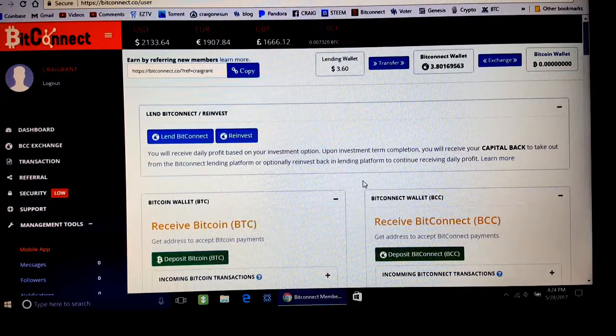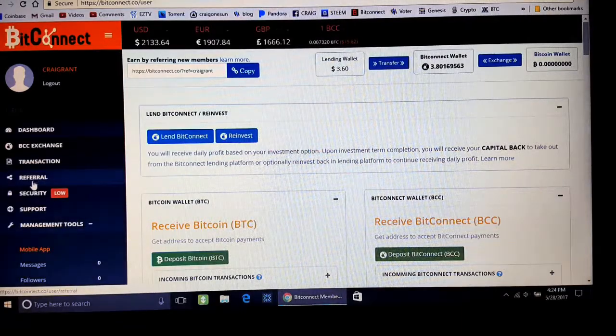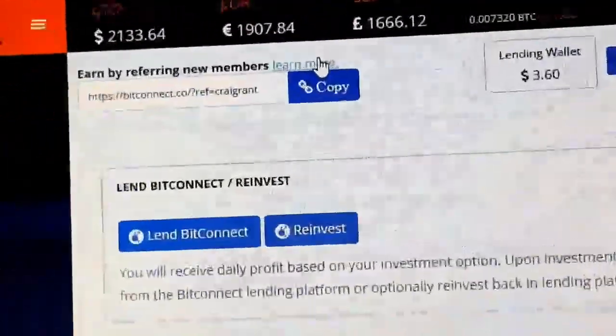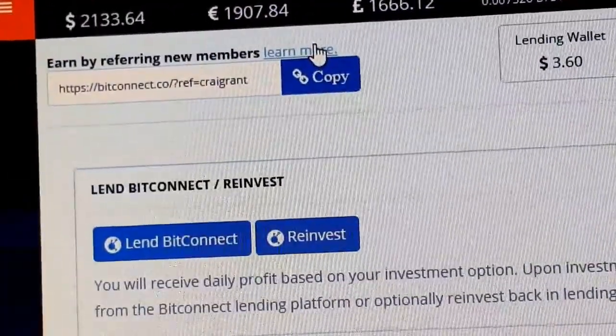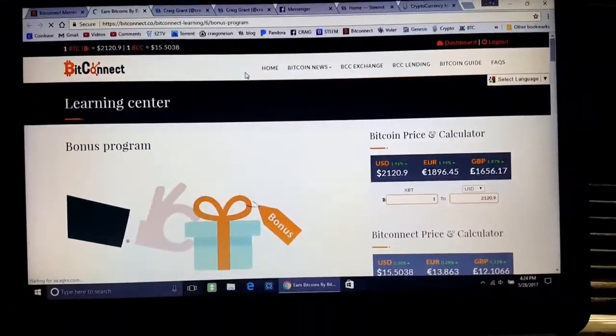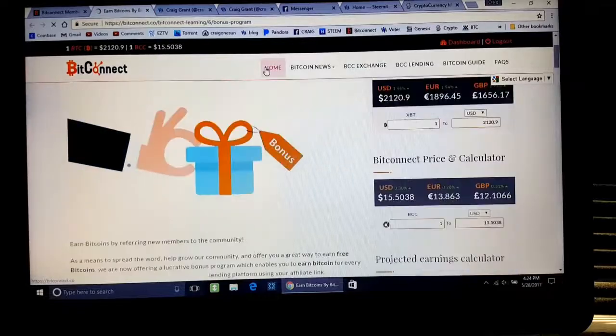Now, I've just gone over everything, and let's just go over the referral program. So the referral program is here. It says earn by referring new members. If you click on that, there's a link there that says learn more. It explains everything about the referral program. It's pretty straightforward, pretty simple, right?